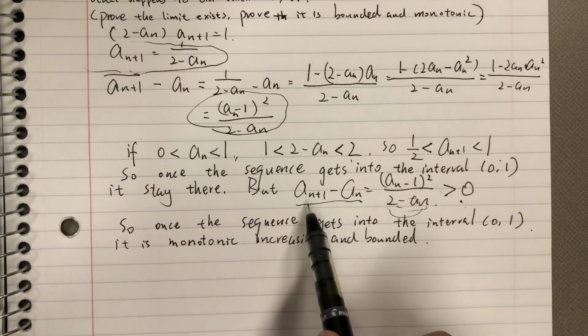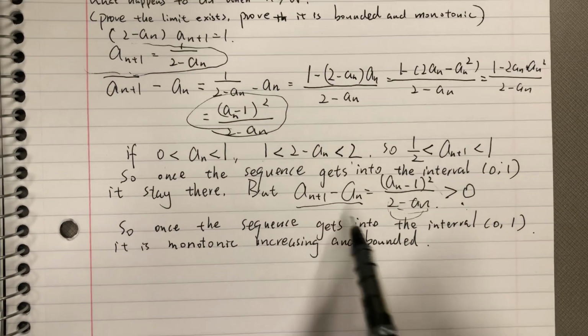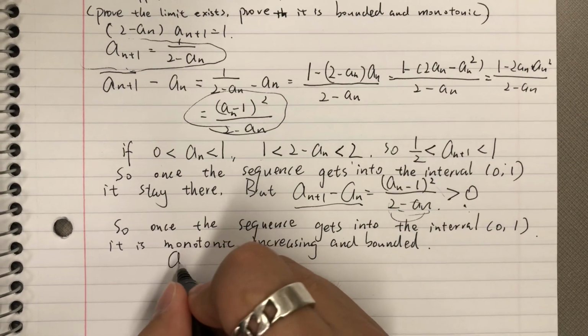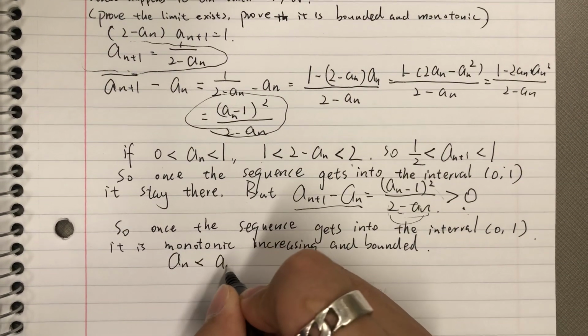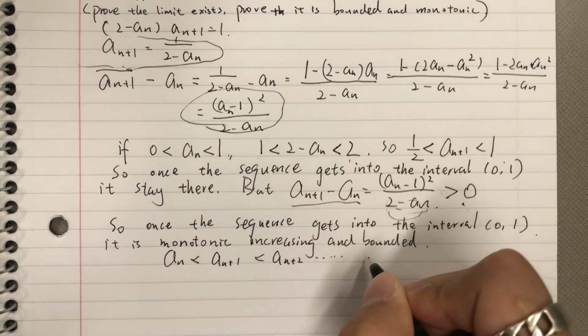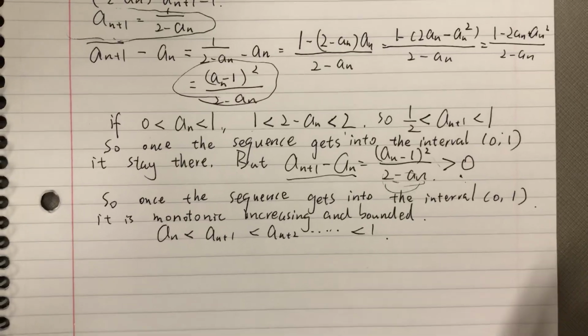Because when a_(n+1) minus a_n is always greater than 0, that means a_n is always smaller than a_(n+1), and always smaller than a_(n+2), and always smaller than 1, right?